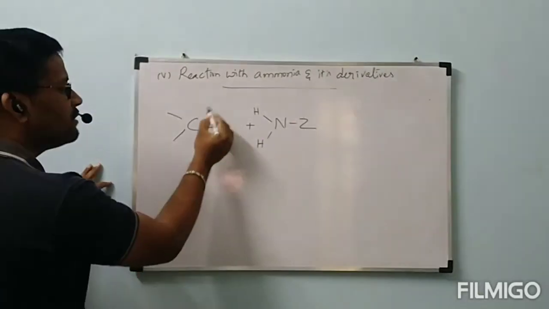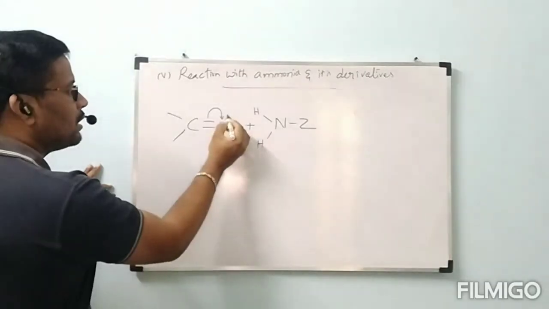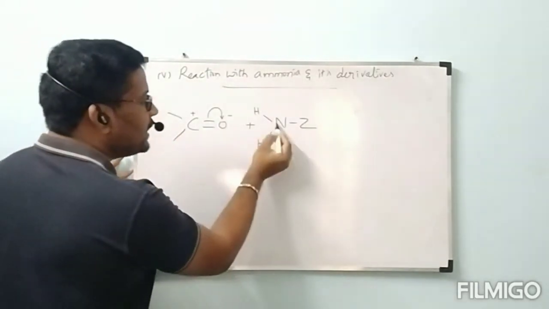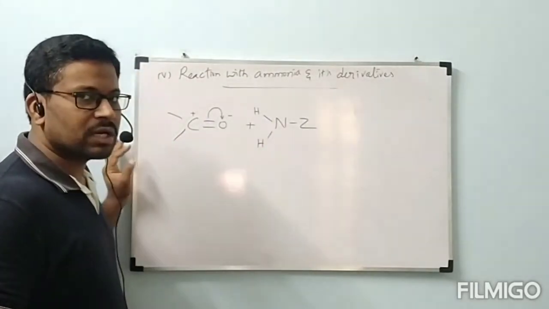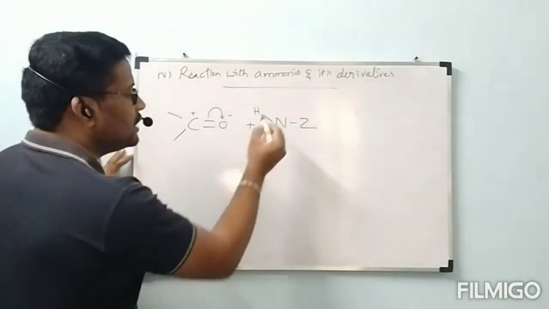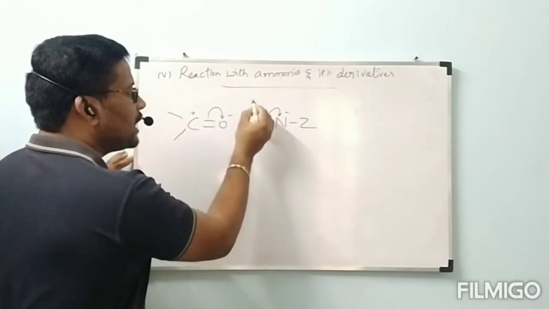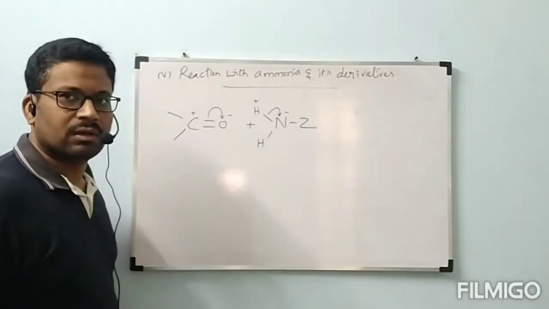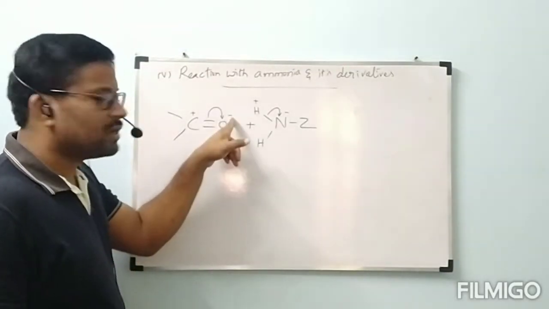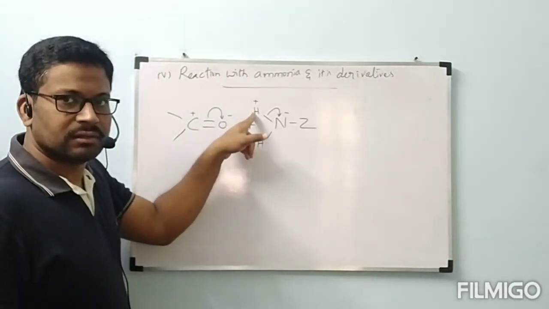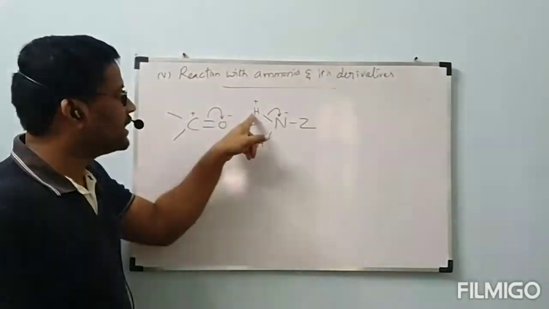So this bond will be shifted towards the oxygen side. Oxygen will get negative and carbon will get positive. Between nitrogen and hydrogen, which is more electronegative? Nitrogen. Then this bond will be shifted towards nitrogen. N will get negative and H will get positive. Now, which is getting negative charge? Oxygen. This O minus will attack H plus.